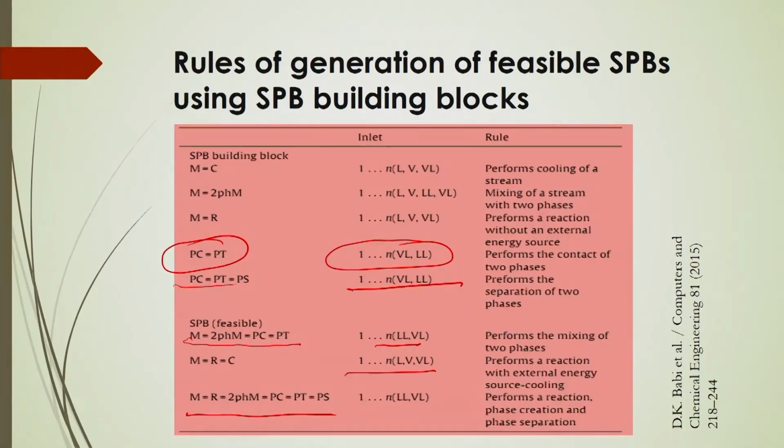And if there is a mixing for the reaction, for two phase reaction, even phase transition, phase contact and phase separation simultaneously happen as a feasible simultaneous phenomena based building block. In that case again you have to perform a reaction, in this case phase creation, phase separation under the stream of liquid and vapor liquid there.